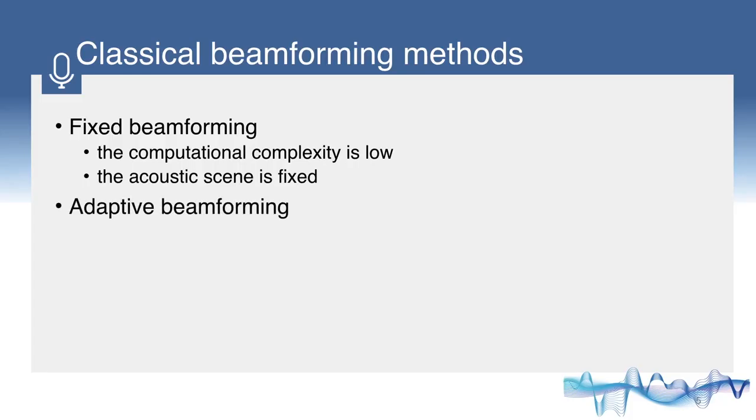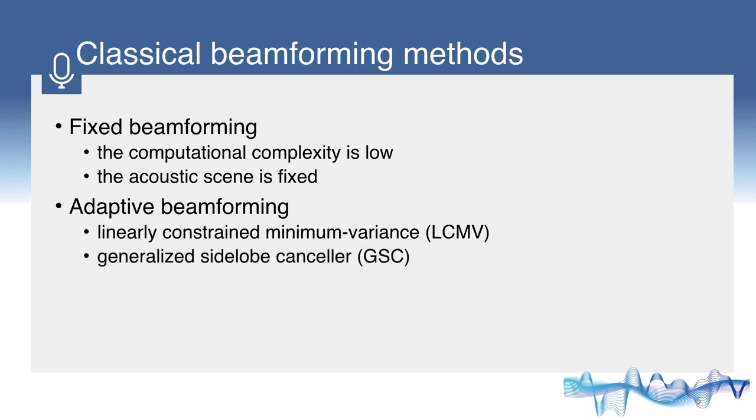The current adaptive beamforming methods mainly have two structures: linearly constrained minimum variance, LCMV, and generalized sidelobe canceller, GSC. Today's microphone array speech enhancement algorithms are basically improved and optimized based on these two structures.